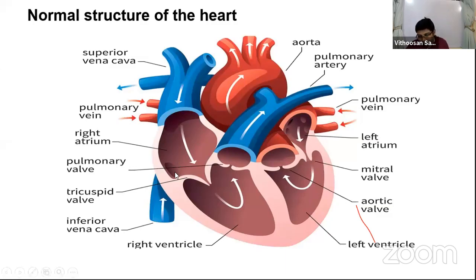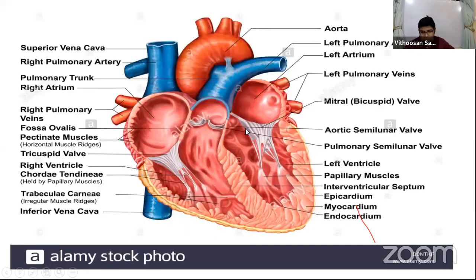So whatever blood is coming through the superior vena cava and inferior vena cava to the right atrium goes to the right ventricle, and there is a valve, the tricuspid valve. And from the right ventricle, the blood is pumped into the pulmonary artery. You may remember the circulation here.